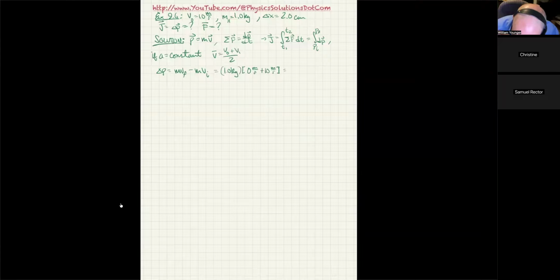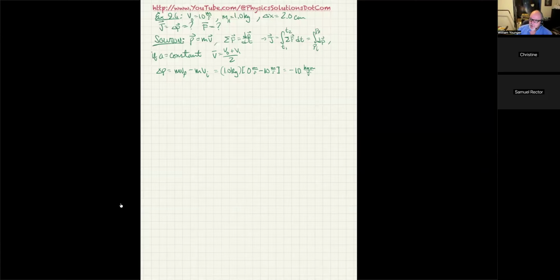And therefore, we get specifically that 1.0 kilograms times 10 meters per second is negative. And actually, that's supposed to be a negative between there. I don't know why I put a plus in there, but like that. So this is negative 10 kilogram meters per second, the change in momentum, and therefore that is J. So J, in this case, it said estimate the impulse and the average force delivered by a karate blow.